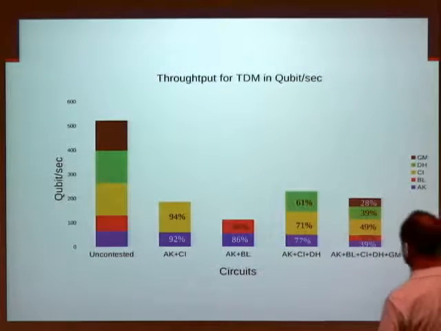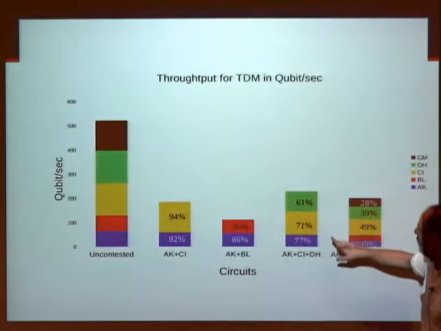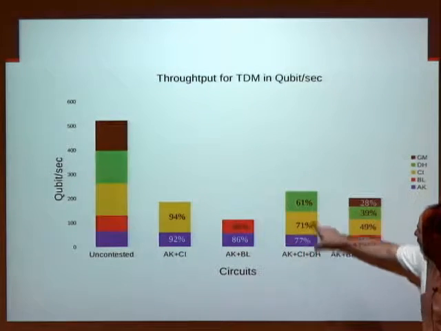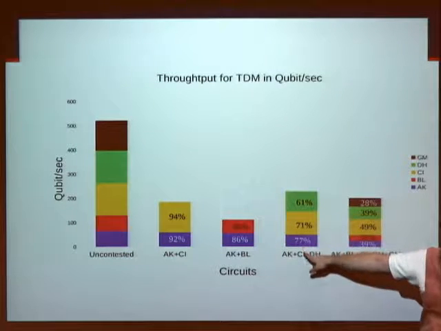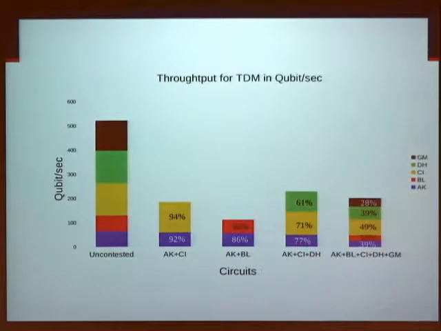One of the things you can see, though, is that even for some of the longer distance ones, in this case, the longer distance one succeeded in retaining 77% of its throughput, whereas some of the shorter ones actually suffered a little bit more of a hit in their throughput, which is a little bit of a surprise, counterintuitive.